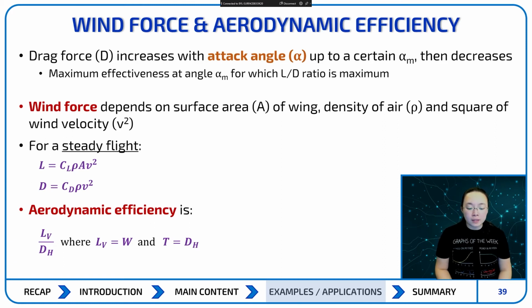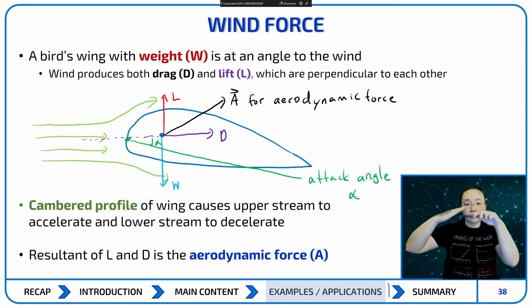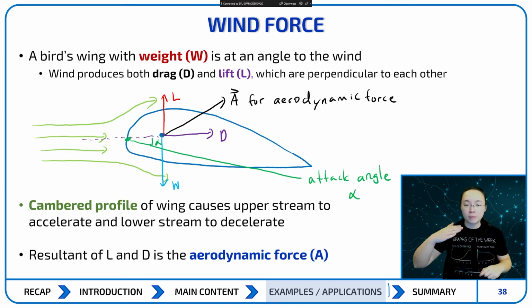Next, I want to talk about aerodynamic efficiency. If you have a drag force, it's going to increase with your attack angle. What this means is, if my wing is like this, then there's wind coming through to here, and it's not going to provide too much drag because a lot of the wind can go underneath the wing.